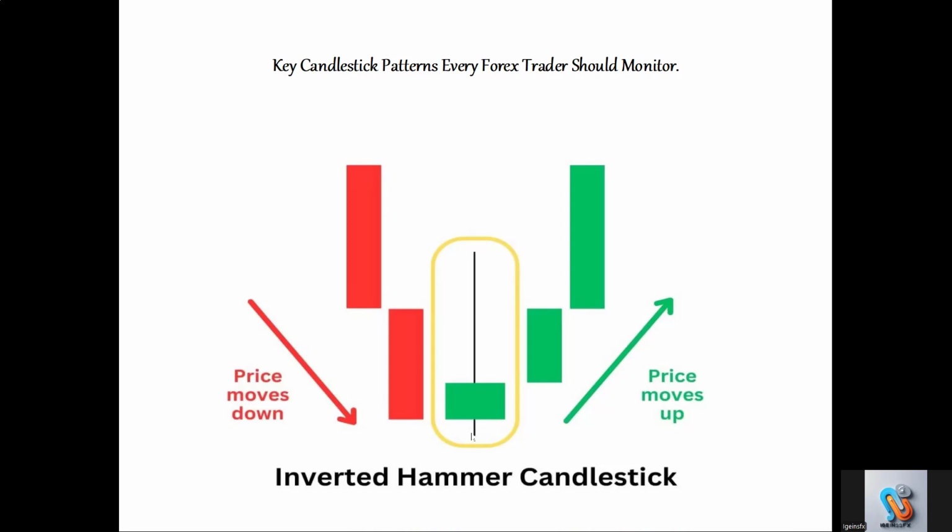So right now, at this candle, what it is telling us is that when the candle initially opened, sellers pushed the price to the downside. They wanted to continue pushing the price down, but buyers rejected the price at this level and started pushing the price up.